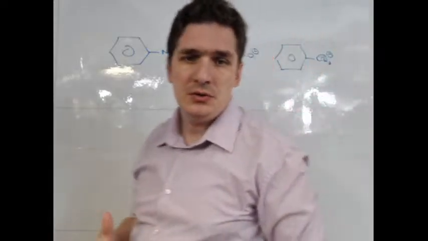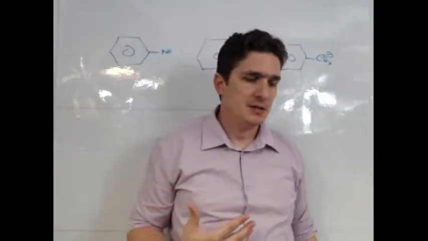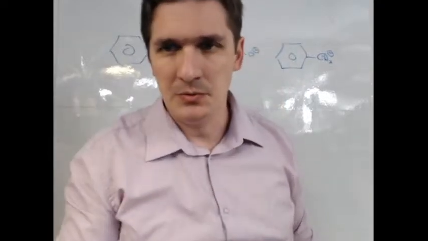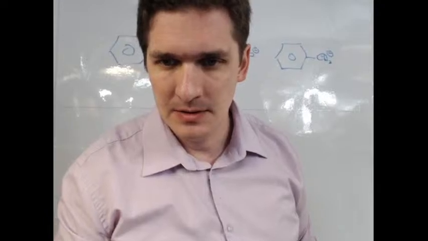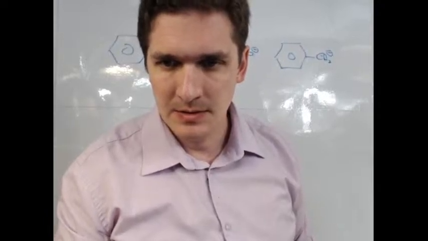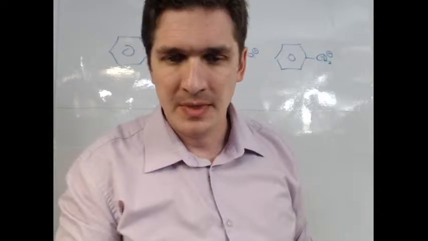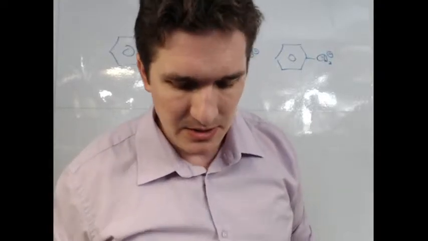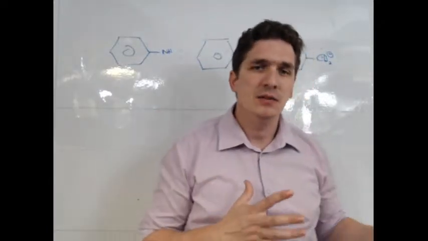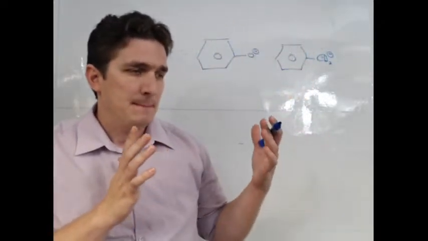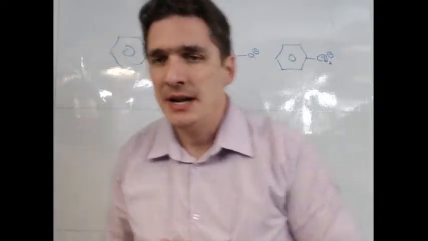Sorry, I'll read the question one more time to make sure I'm answering it correctly. In terms of basicity, you can look at it in terms of the stability of the acid that's made. If you want to know if something's a good base, see what it looks like when it becomes an acid.